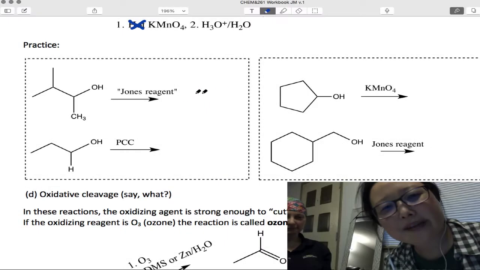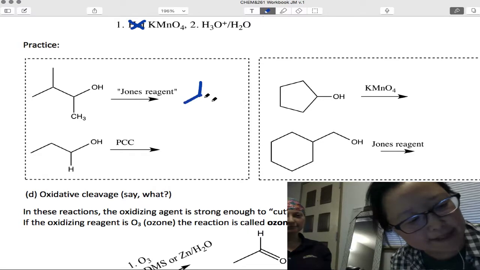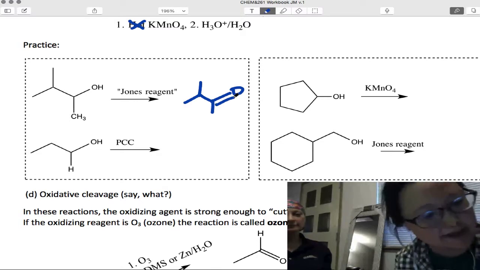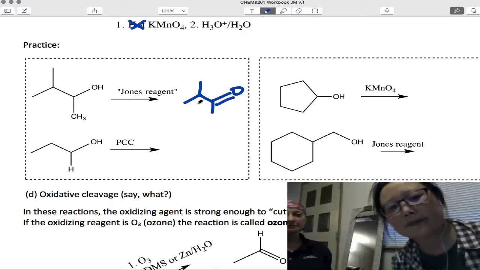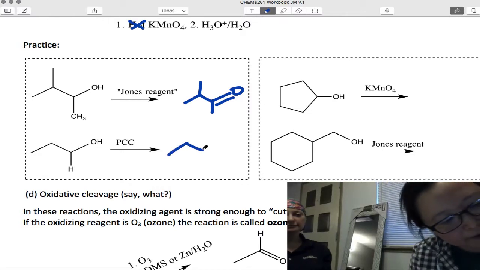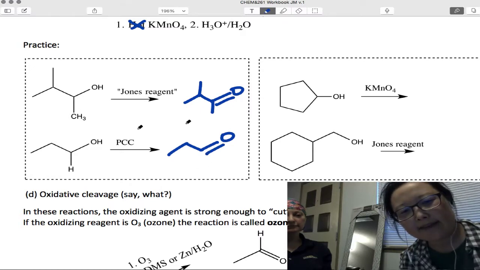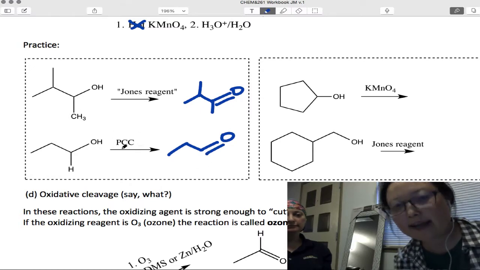All right, guys, so what I usually do is write out the skeleton of this, and then I know my O is here, and to oxidize it, I'm just going to add the double bond O. So that makes it really simple. But when I have a primary alcohol, I have to be careful because when I oxidize this, I get an aldehyde, and then I have to check and see, is the aldehyde going to get oxidized?